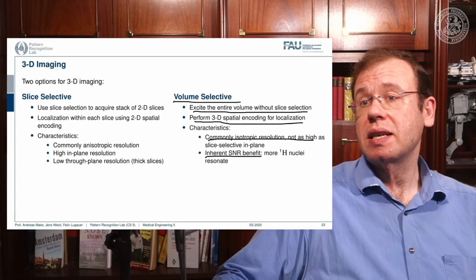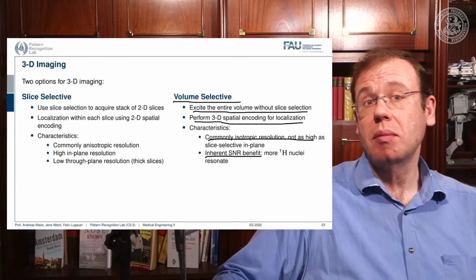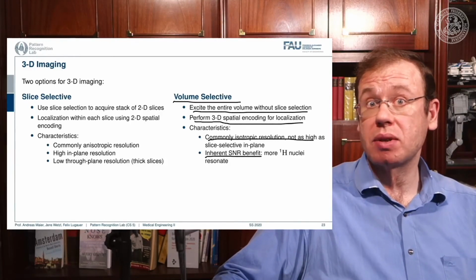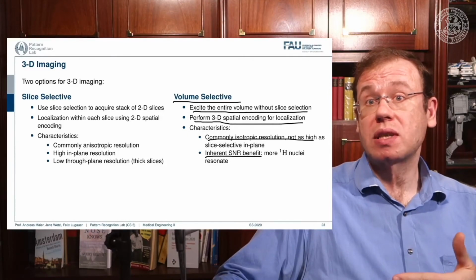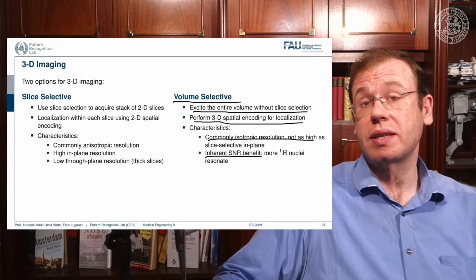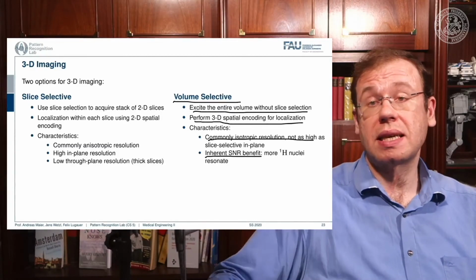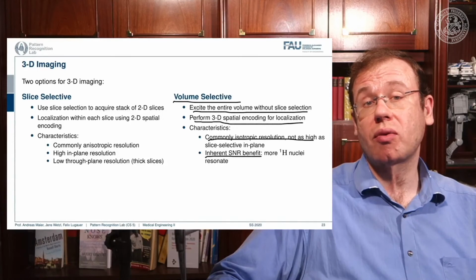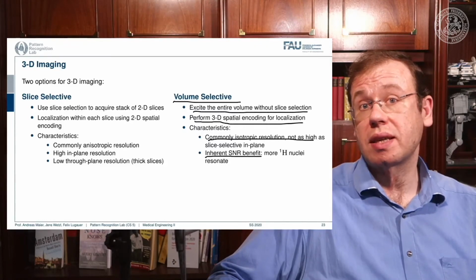But obviously you probably have more excitation to do, because if you want to have an isotropic resolution, you have to choose the same number of slices in every direction. Otherwise the resolution will not be isotropic. So this then means that you probably also have to acquire for a longer time if you don't have any kind of differences in the resolution in that direction.